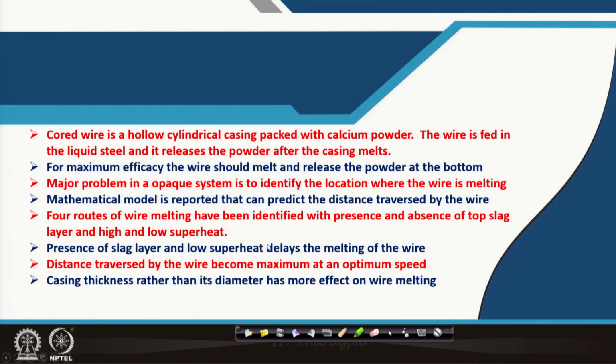Okay. So these are what we discussed about this mathematical model of the cored wire injection in steel melt, and the most important thing it does, it can predict for us the location where the wire will melt into the liquid steel, or the distance traversed by the wire before it melts in the liquid steel.